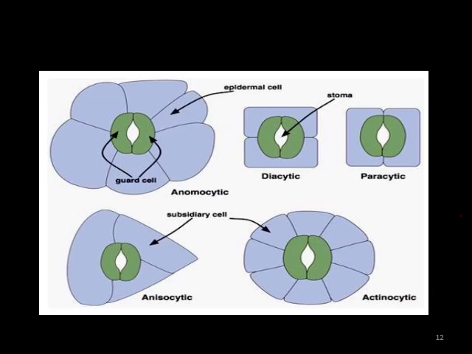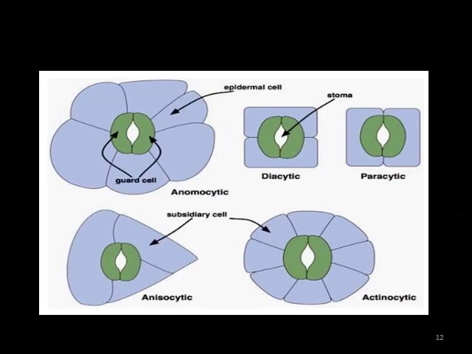In this stomata, the subsidiary cells are also present, and the guard cell is surrounded by one or more subsidiary cells. The longitudinal axis of subsidiary cells is parallel to the guard cells and apertures. An example of parasitic stomata is onion.